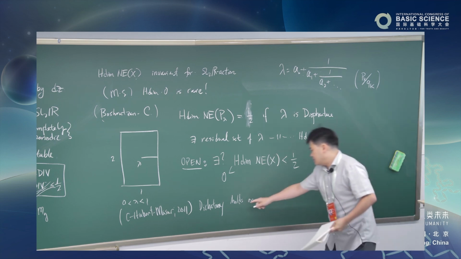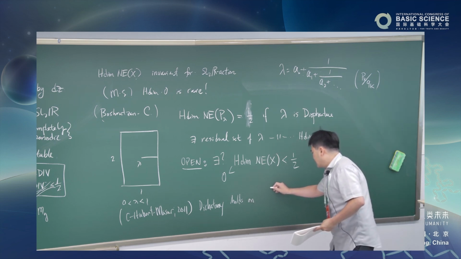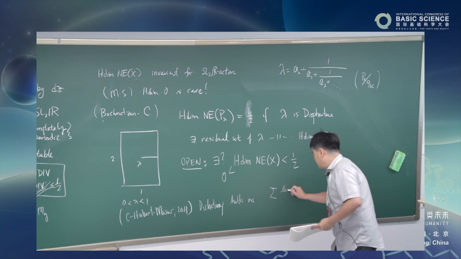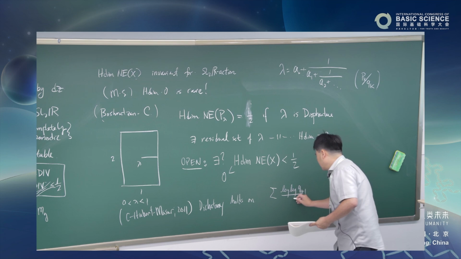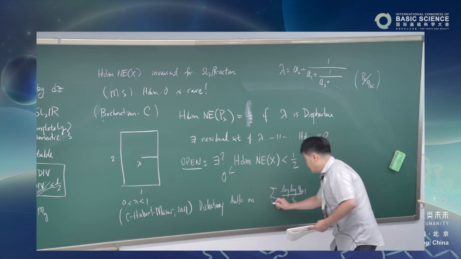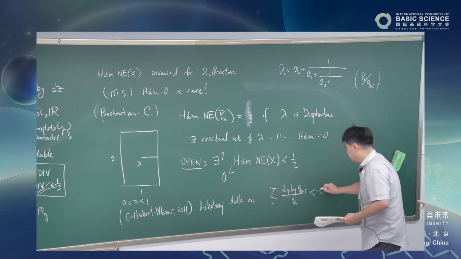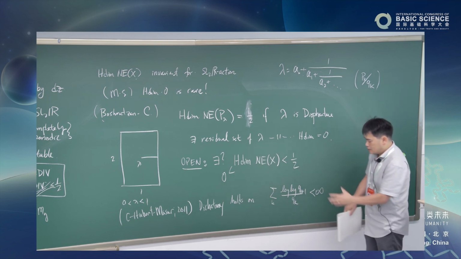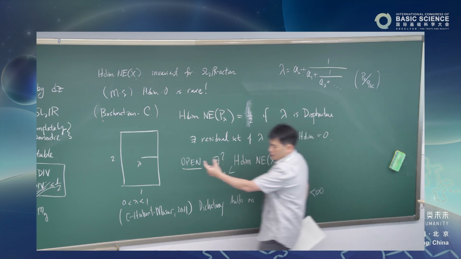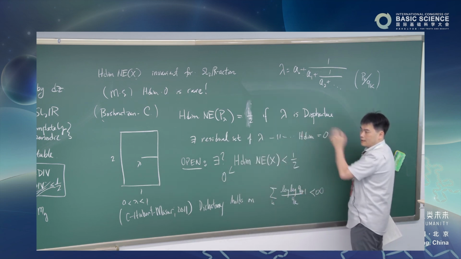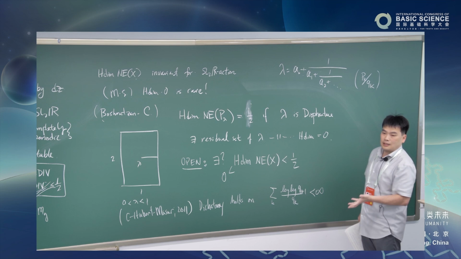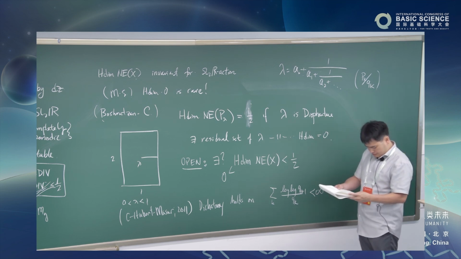And here, Perez-Marco means that if you take the series of log q_{k+1} over q_k, this thing is summable. So in other words, if the length of your barrier, written as a continued fraction, satisfies this, you get 1/2 as the dimension. Otherwise, you get 0.